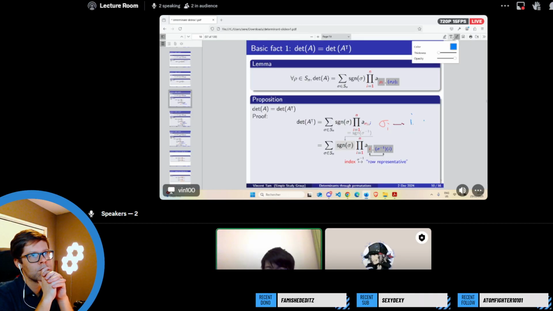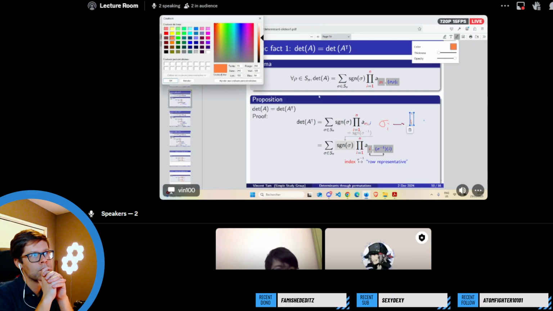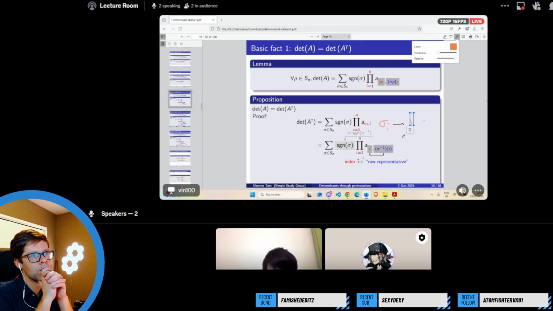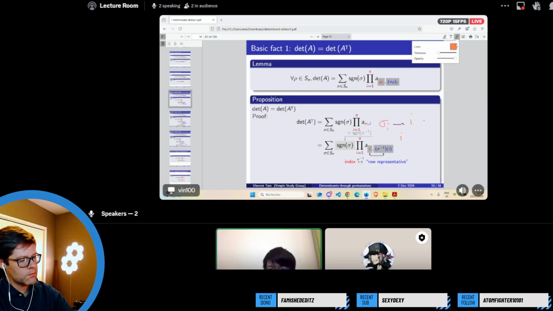And here we can also choose another color, I here. So actually this sigma I is actually another function.